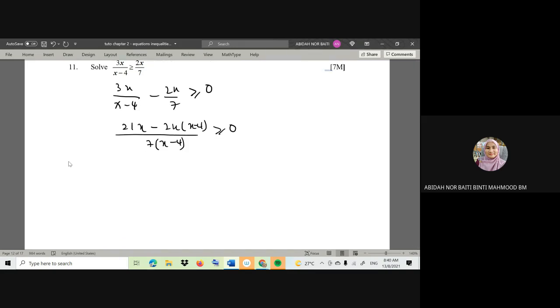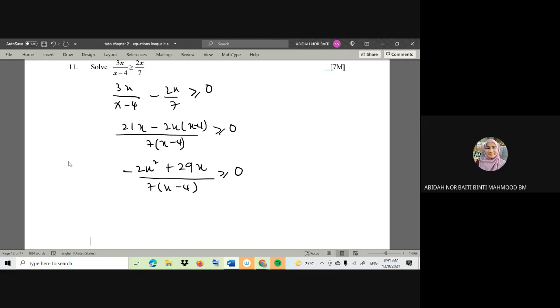What is your numerator? Negative 2x squared, plus 21 plus 8, 21 plus 8 is positive 29x. Over 7x minus 4. Simplify your numerator, and the denominator no need to expand, leave it in that form.